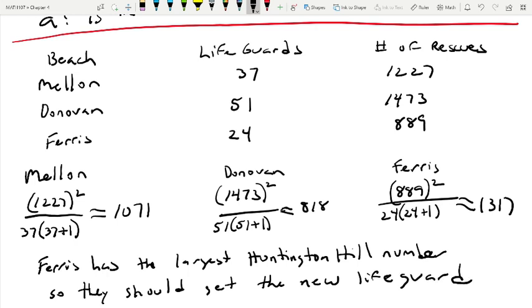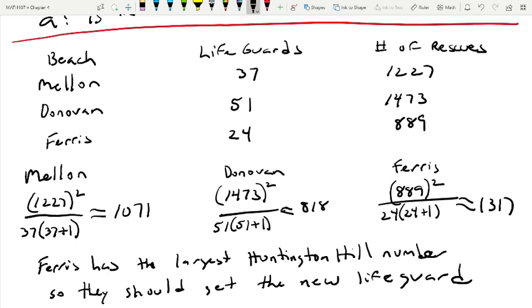The new person should go to them. So in terms of apportionment, there are various methods, and there are a few others in the book you can look at, but those are the main ones.